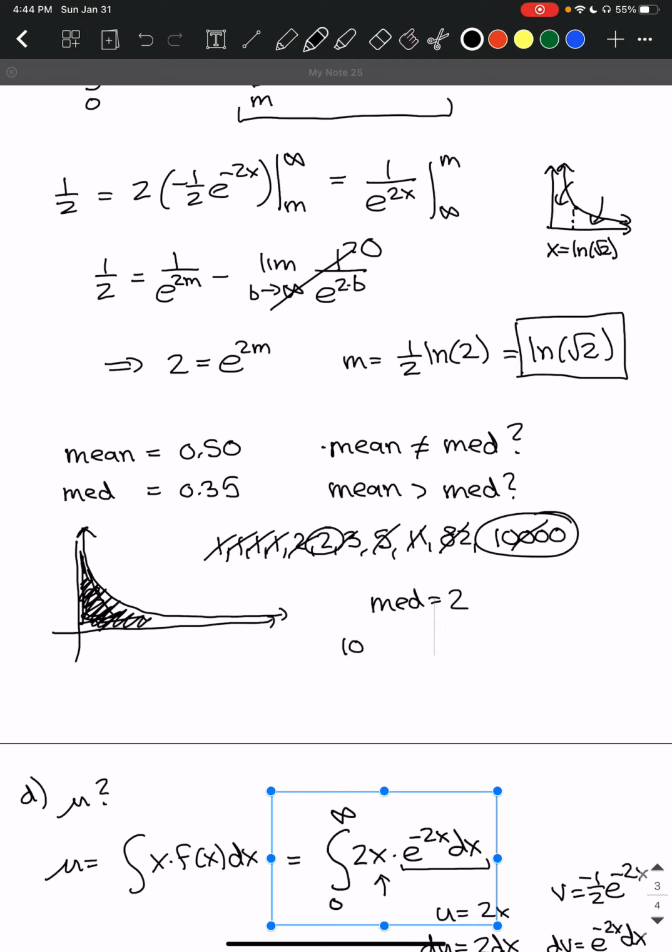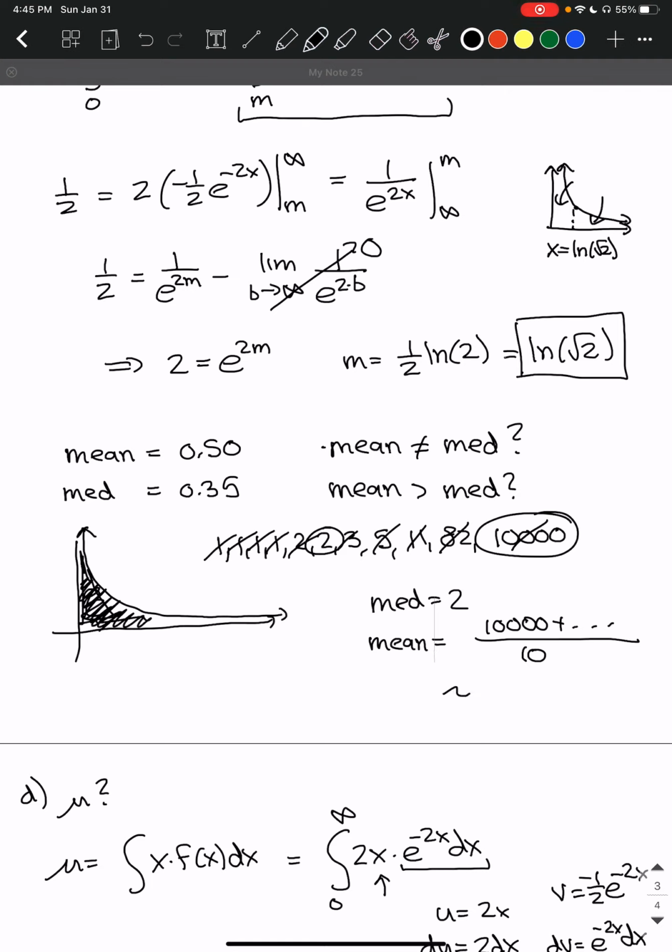But my mean is going to be much bigger, right, because I have this 10,000 in here. Let me do this cleaner. My mean is going to be 10,000 plus a bunch of other stuff divided by, I don't know, maybe this is like 10 numbers. I know it's probably more. But this is going to be on the order of like 1,000.